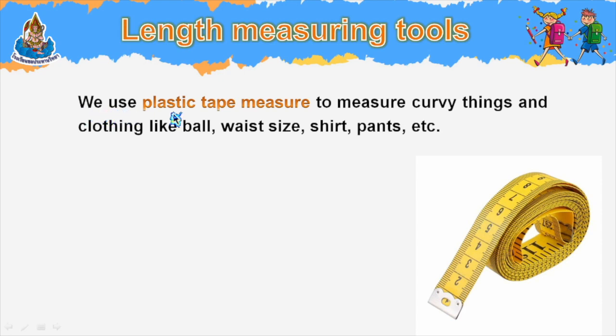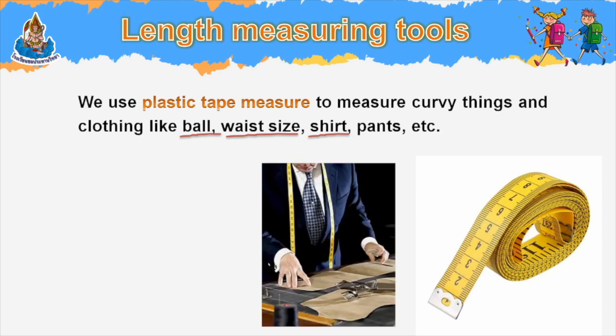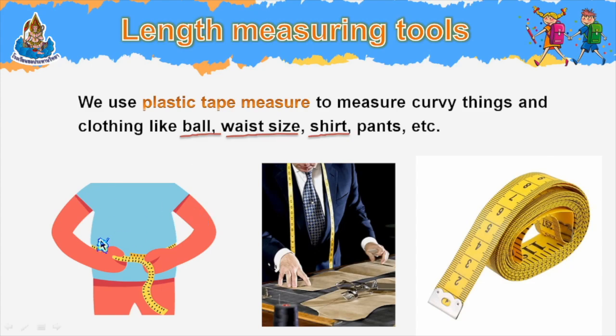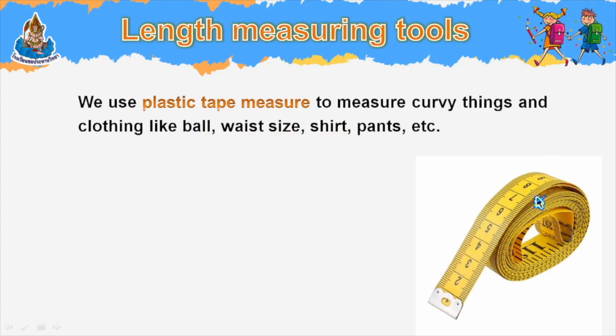We use plastic tape measure to measure curvy things and clothing like ball, waist size, shirt, pants, etc. Okay, so look at this. You can measure your waist using this one. It is called plastic tape measure because this is made up of plastic.